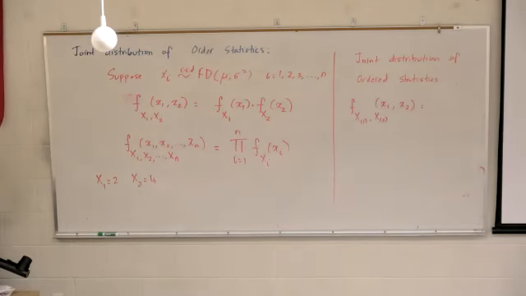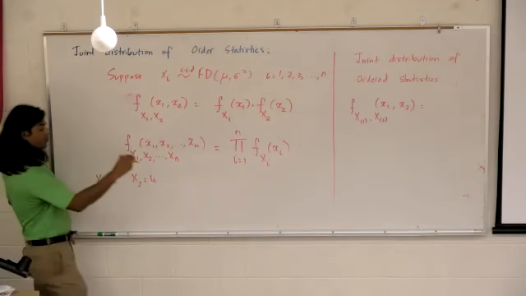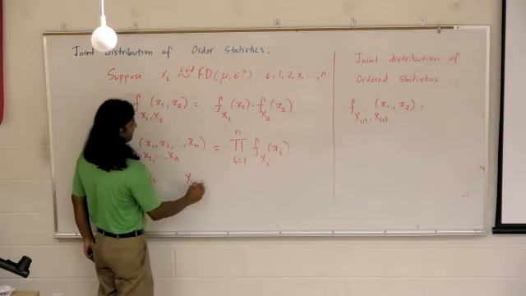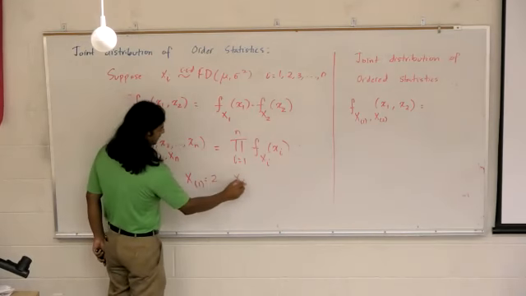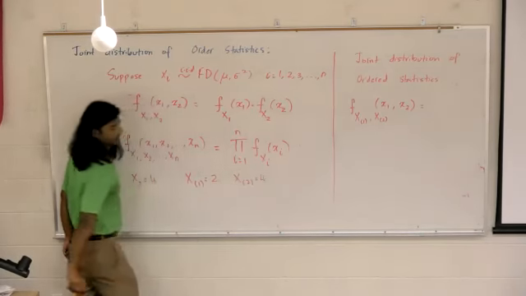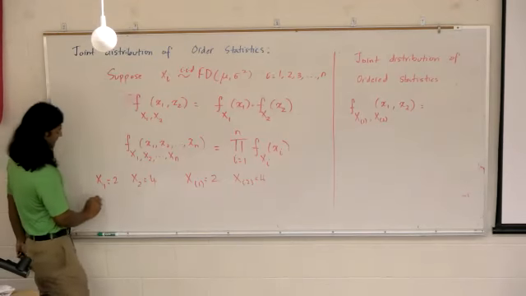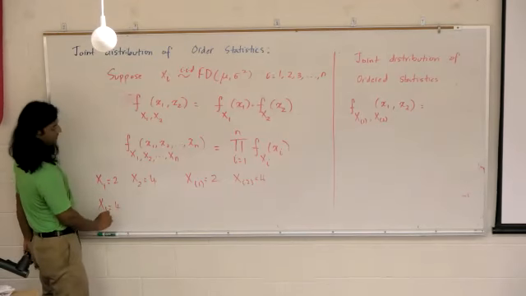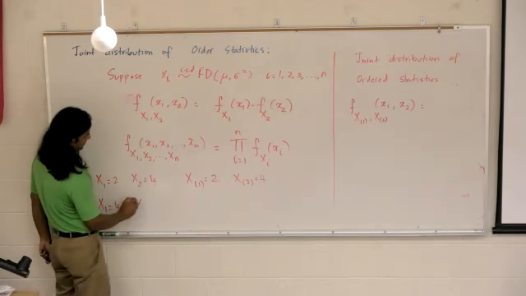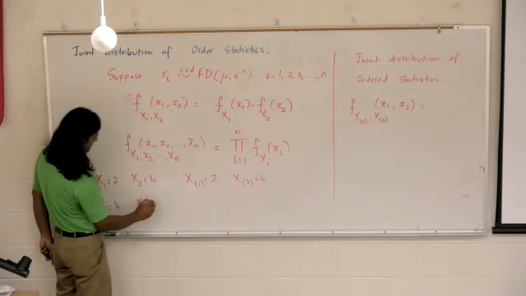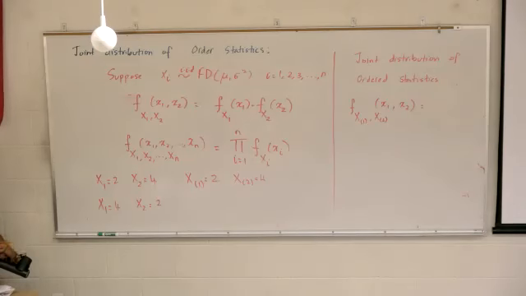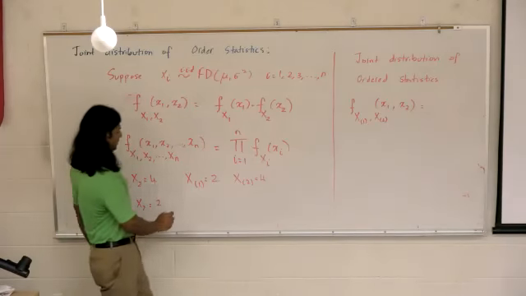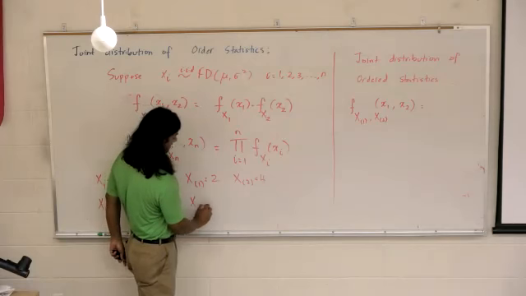Now, what would x1 be? That would also be 2. x2 would also be 4. Yes, but if that were to be 4 and this were to be 2, what would the order statistic be? The minimum would actually be x2, which is 2.